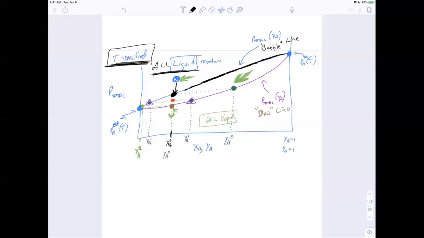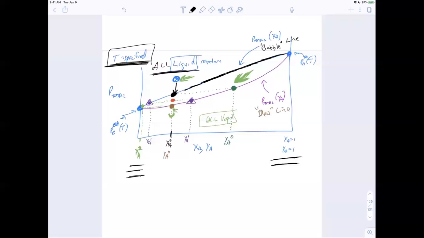The other thing to note here is that we've picked species A and B, and this is very general. At this endpoint in this plot, we have all A, and at this point, we have 0 A. Since at this temperature the total pressure at the endpoints is just reflecting the vapor pressures of the individual species, at the endpoints you have either all of one or all of the other.